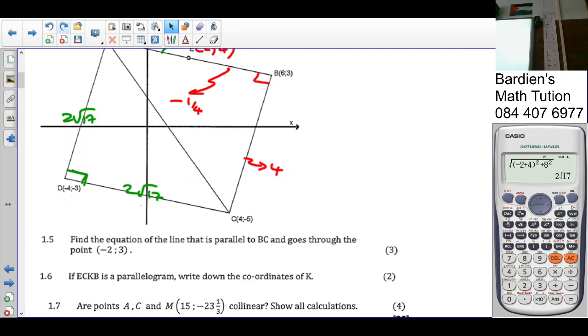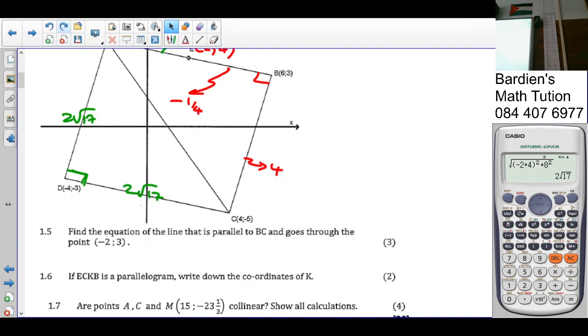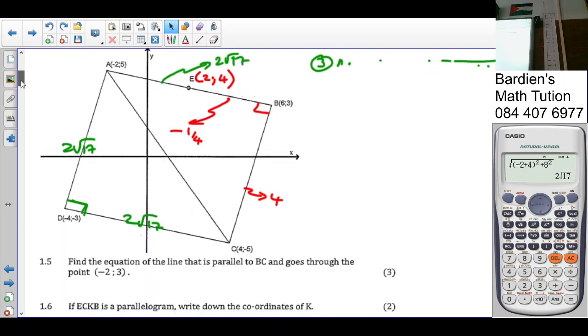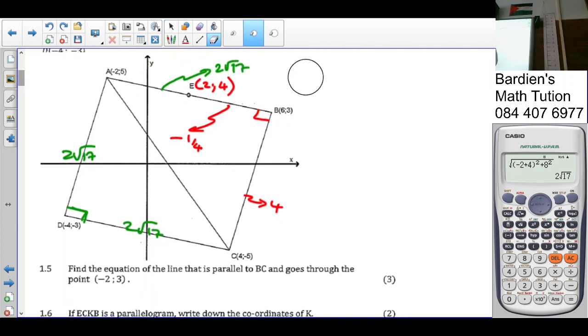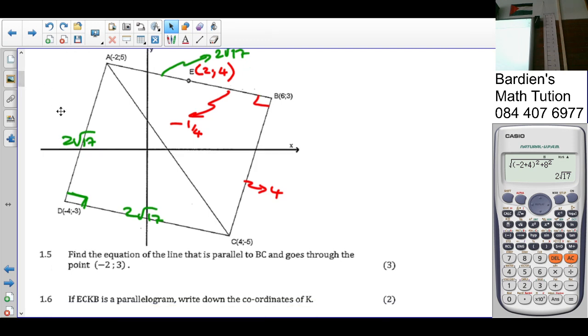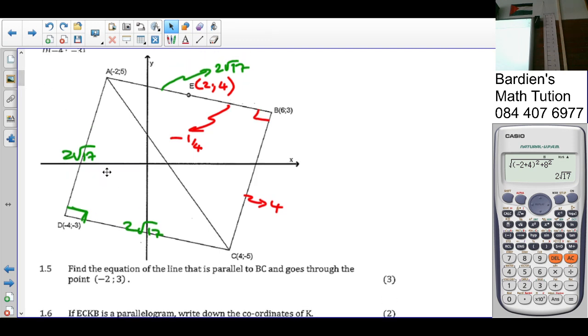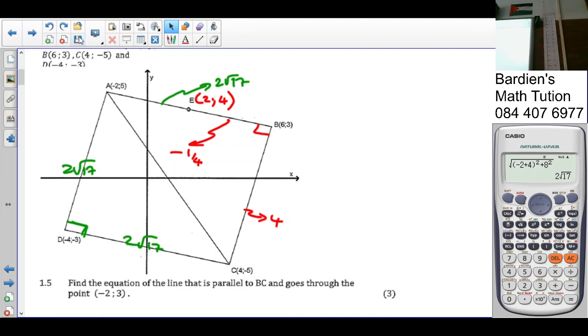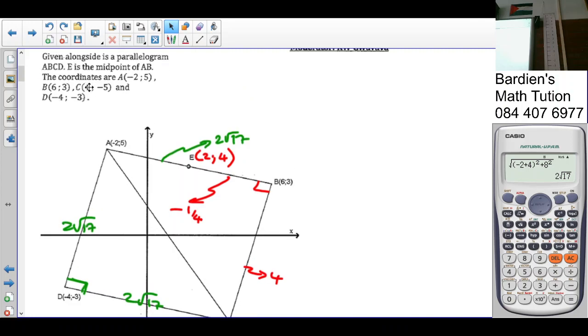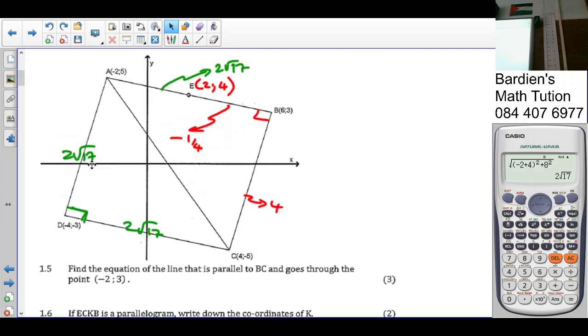So in question 1.5, we are told, find the equation of the line that is parallel to BC and goes through the point negative 2 and 3.